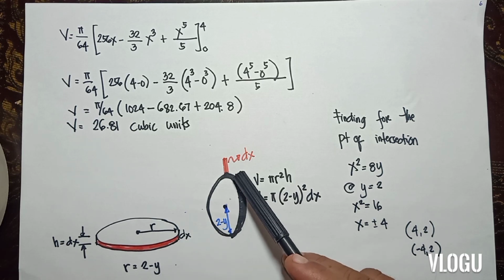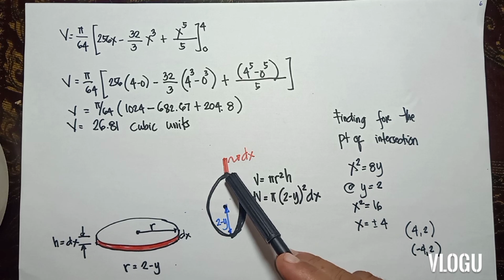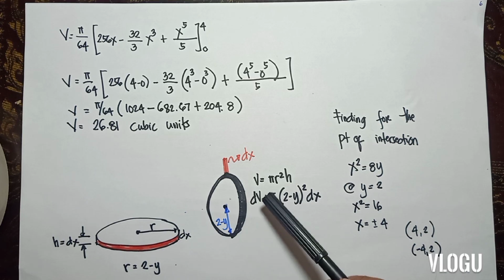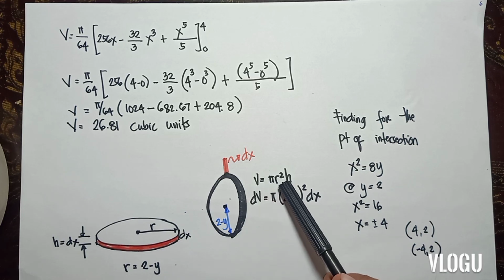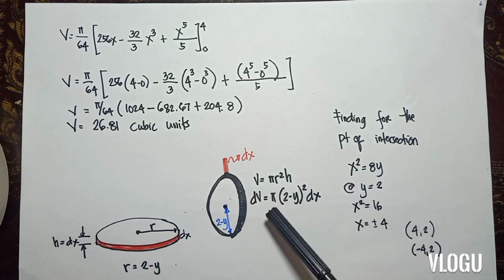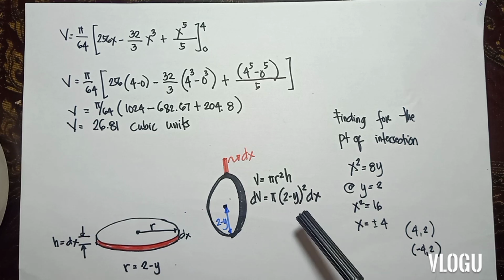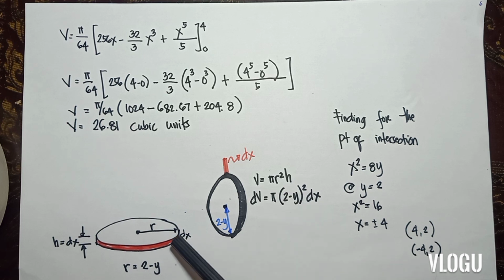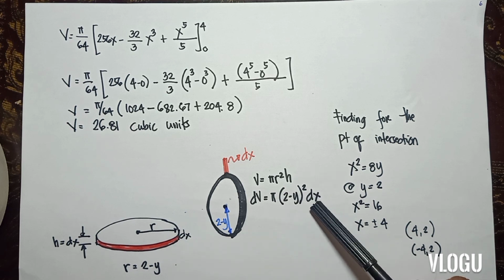If you look here, this is now your dx that is being revolved about the line y is equal to 2. So volume, that is pi r squared times height. So volume is pi, 2 minus y is your radius squared, and the height, the thickness of your disc, that is dx. So that's the reason we arrive at that one. Okay?